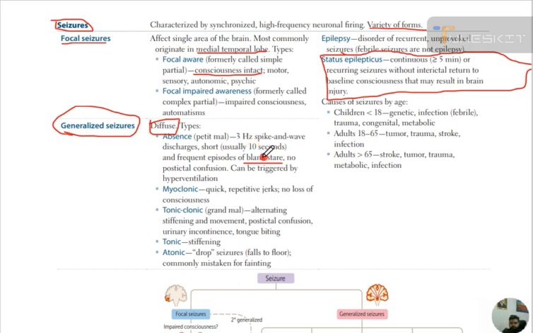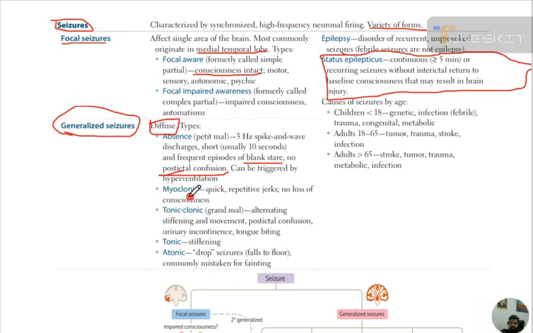There is no post-ictal confusion, or you can say no confusion after the seizure settles. It can be triggered by hyperventilation. This may be the result of trauma, congenital, metabolic causes in adults 18 to 65: tumor, trauma, stroke, infection. In adults greater than 65: stroke, tumor, trauma, metabolic, or infection.